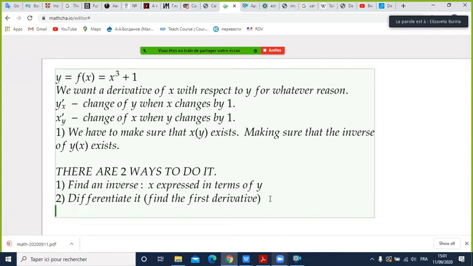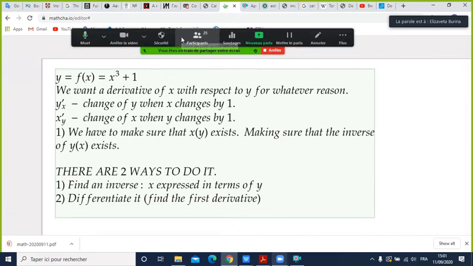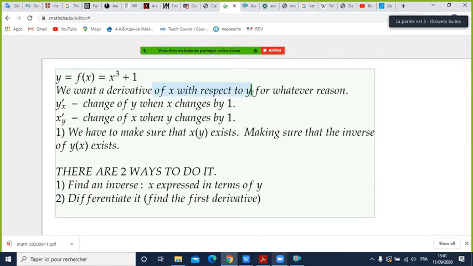Okay, so let's first do this. So we know that it will work for sure. Well, we wanted the derivative of x with respect to y. Well, let's express x in terms of y and get our derivative. So here, to get an inverse, what do we do?